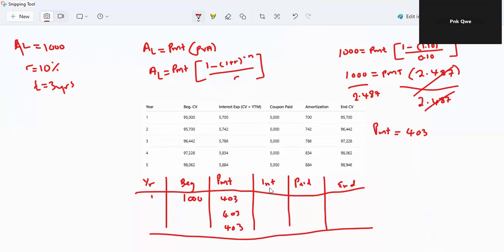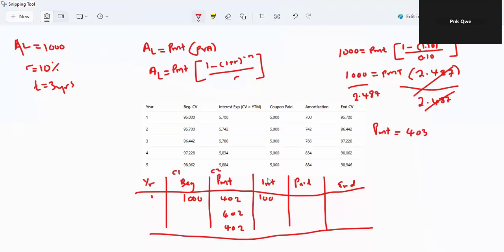Some of us found 402.09, so let's put 402 throughout. Now, interest was what? 10% over 1,000 is what? 100. So 100 there.